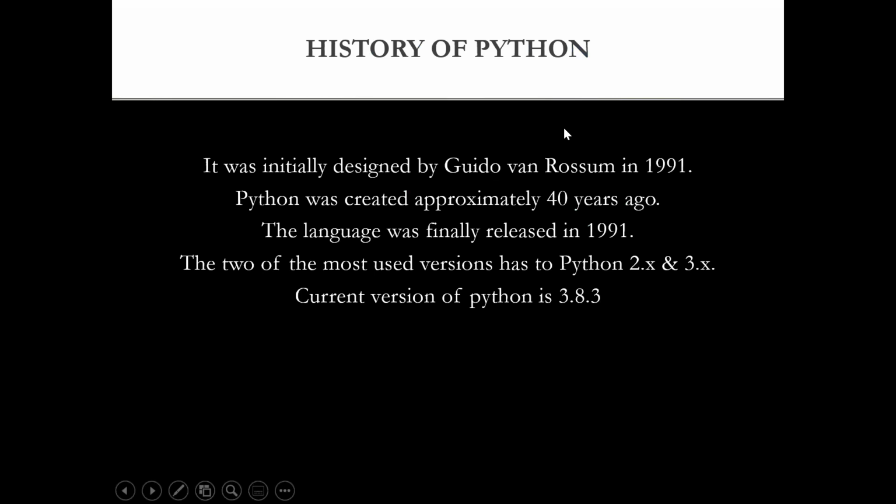Everything was good, but the language could not receive much recognition. The reason being, Python is slower than other languages such as Java, C, and C++. So it didn't receive much recognition until the past, let's say, 5 to 10 years.